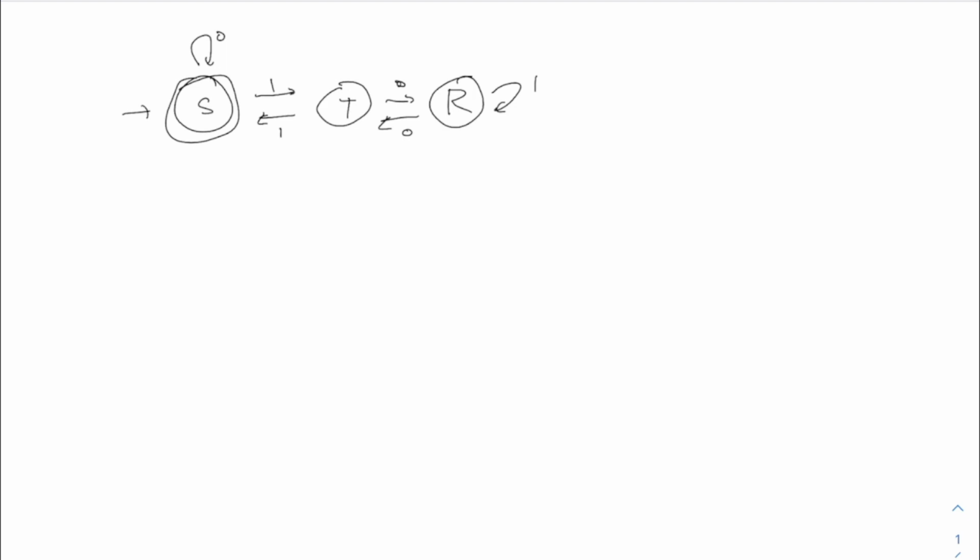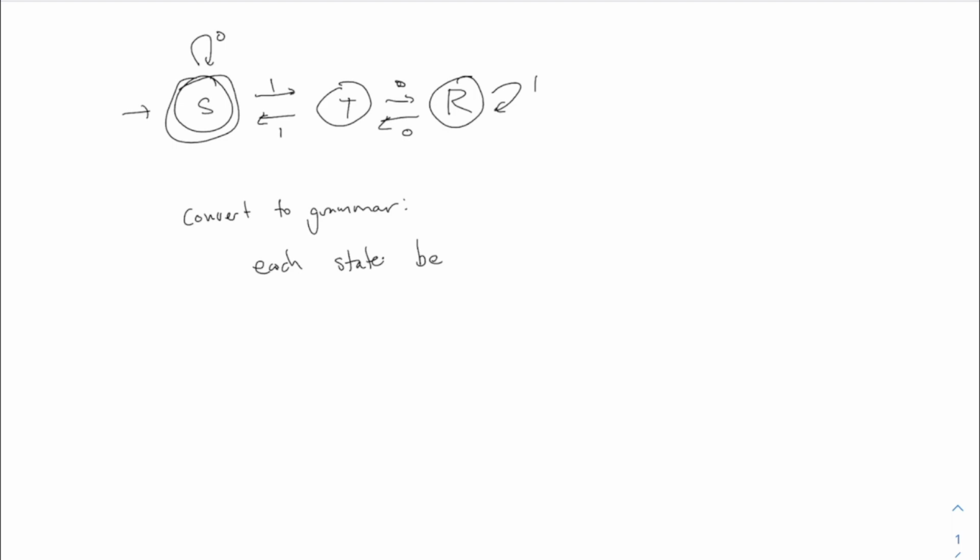I hope you maybe have a vague memory of how we did this. I want to convert this to a grammar, and it's very simple if you just remember how to do it. Convert to a grammar. Each state becomes a non-terminal symbol.